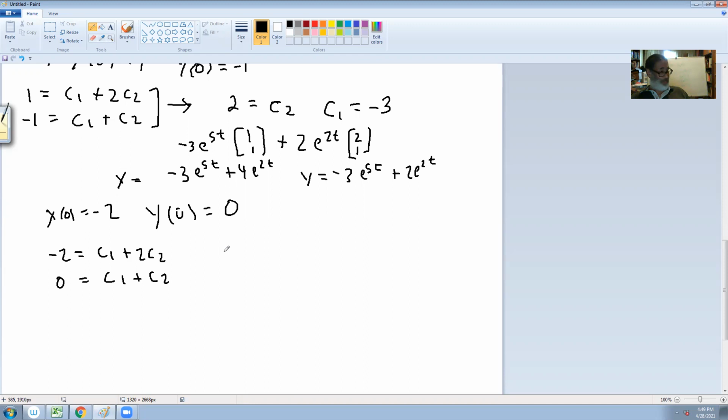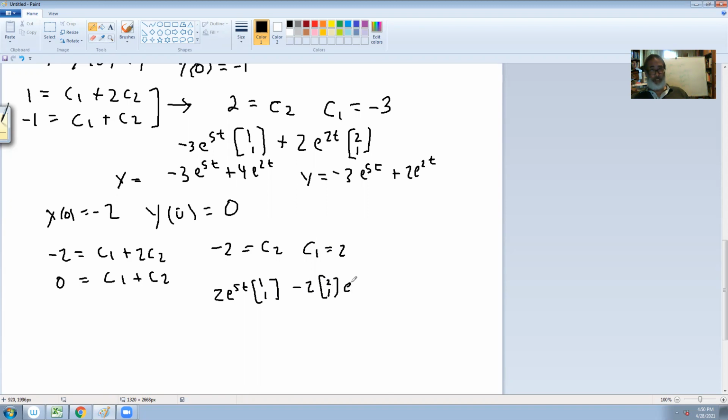you can do it a bunch of ways, but if you do the old subtraction method, take this away, we get minus 2 minus 0 is equal to c2, and c1 is equal to 2. So our solution is going to be 2e to the 5t, minus 2, 2, 1.